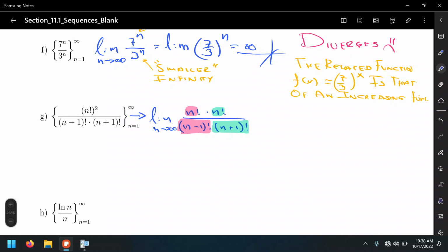Is it the n factorial or the n minus 1 factorial? The n. So that's the one I'm going to expand. So limit n times n minus 1 times n minus 2. Well, I don't think we need to go all the way to n minus 2, n minus 3, because that n minus 1 is already matching the one in the denominator, the one that I have highlighted in pink. N minus 1 factorial, so n minus 1 factorial.